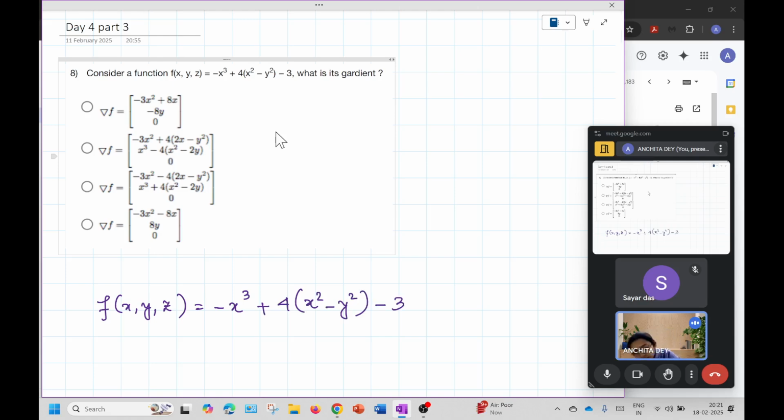So what would be its gradient? If we have to find the gradient, that means we are just doing the derivative, particularly partial derivatives here. So how do we define the expression? We had already written it earlier.